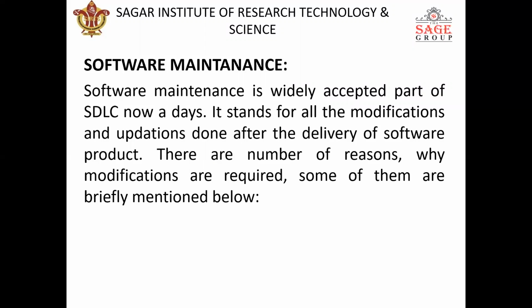Basically, software maintenance is a widely accepted part of SDLC, that is software development life cycle. Nowadays it stands for all the modification and updation done after the delivery of a software product. That means software maintenance is the last phase of any software development life cycle.